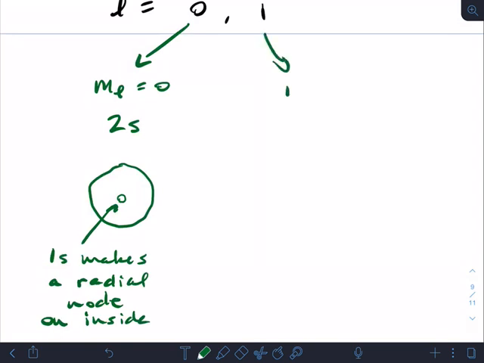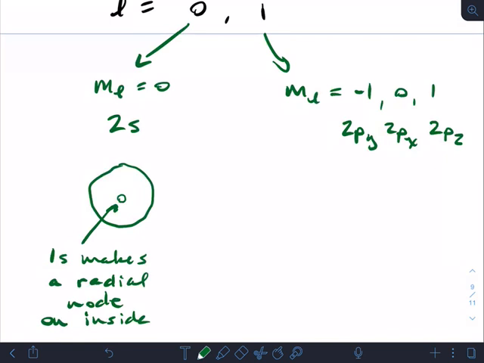Now thinking about p though, right? So m sub L will be -1, 0, or 1. Okay? So we can think about this because the m sub L is an orientation thing. Let's think in 3 dimensions. So this can be a 2p in the y direction, a 2p in the x direction, or a 2p in the z direction. Okay?